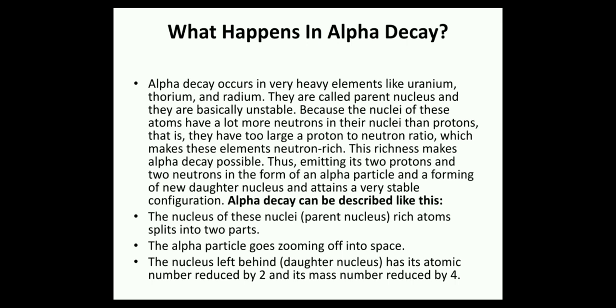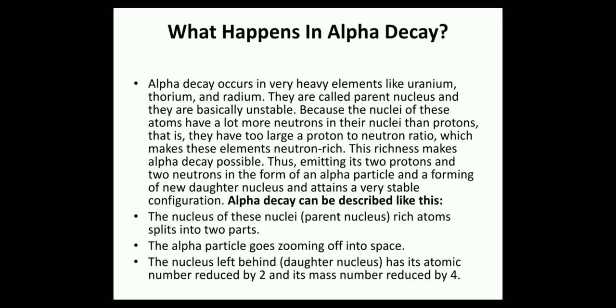What actually happens in alpha decay? Alpha decay occurs in very heavy elements like uranium, thorium, radium. They are called parent nucleus and are basically unstable, because the nuclei of these atoms have a lot more neutrons than protons, that is, they have too large a neutron to proton ratio, which makes these elements neutron rich.